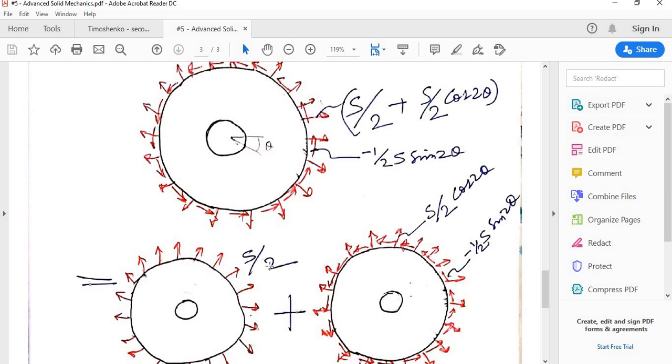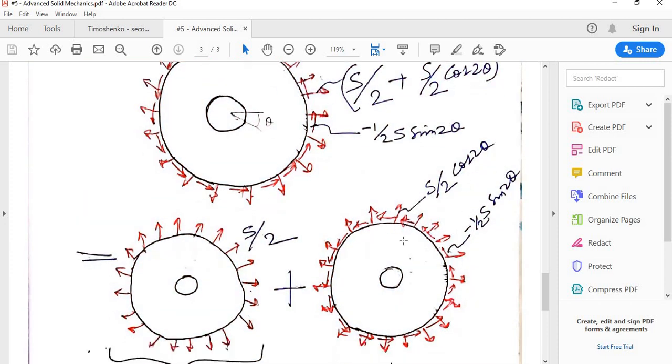One problem has radial stress s by 2, constant and independent of theta, and another part dependent upon theta. Since s by 2 is already taken, the remaining is s by 2 cos 2 theta and minus half s sin 2 theta. So you can write the total solution as the sum of these two problems.